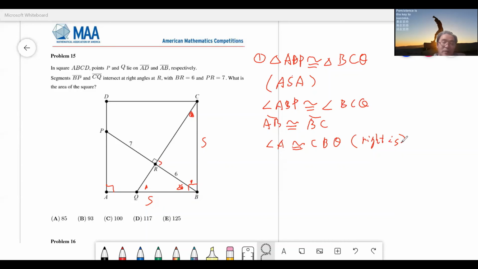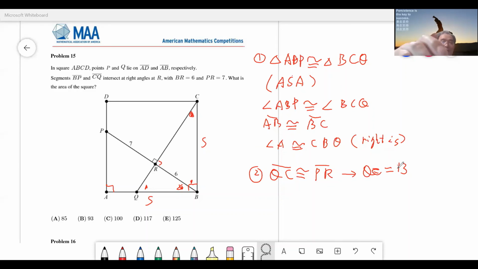So then we can clearly see QC must be congruent to PR, which also tells us QC equals 6 plus 7 equals 13.